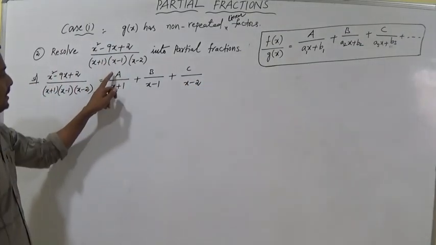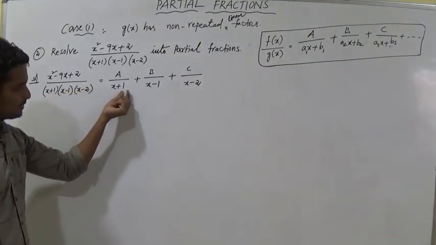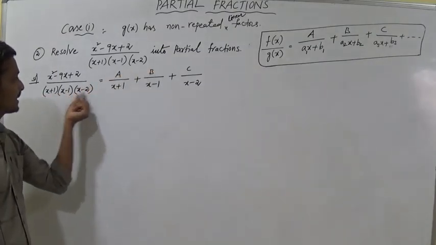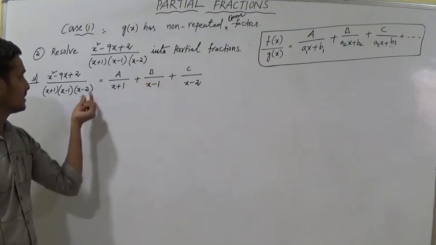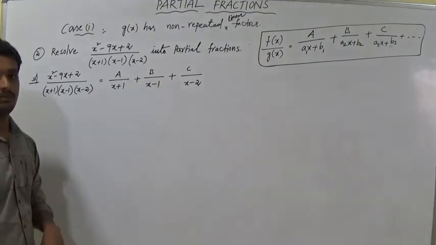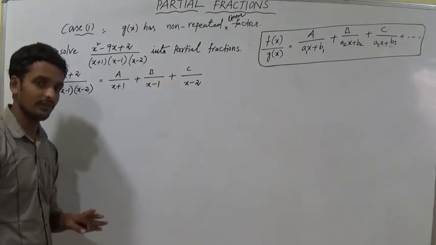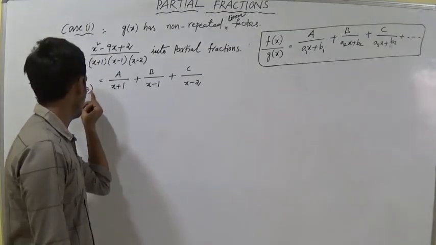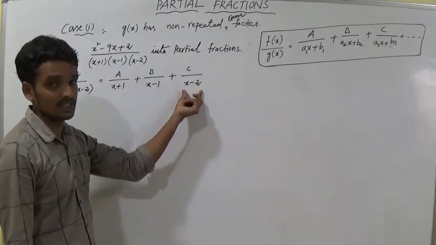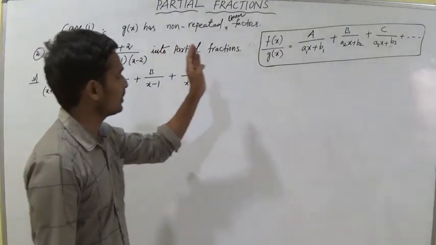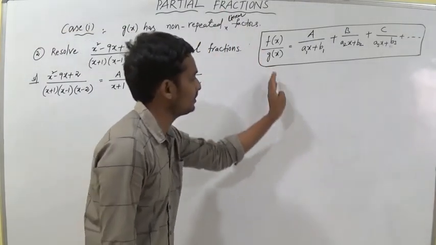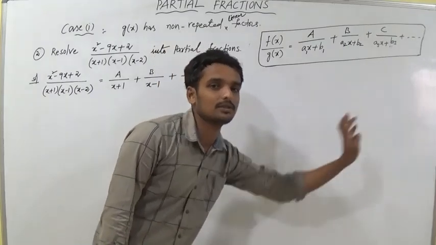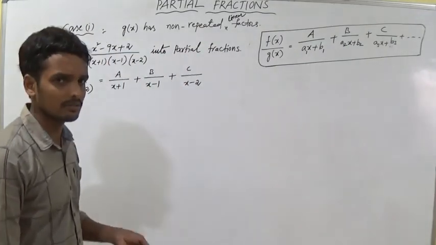That's it. a by the first factor x plus 1, plus b by the second factor x minus 1, plus c by x minus 2. Did you understand? Did you find the difference? The first problem has only 2 factors, so I wrote a and b only. Here there are 3 factors, so now I am adding c also. If it has 4, we add d. If you have 5, e, and so on. Can you solve it? This is also very easy.